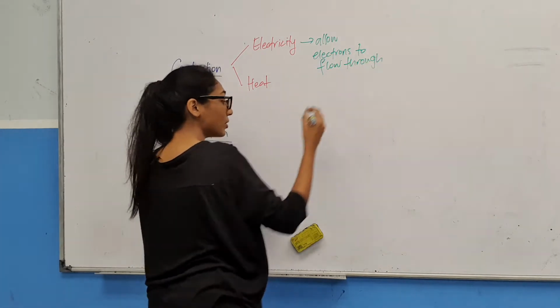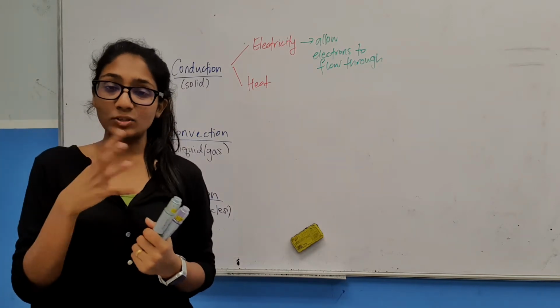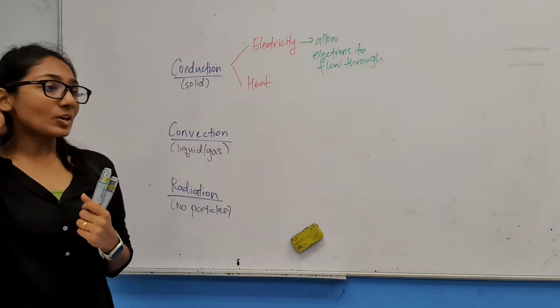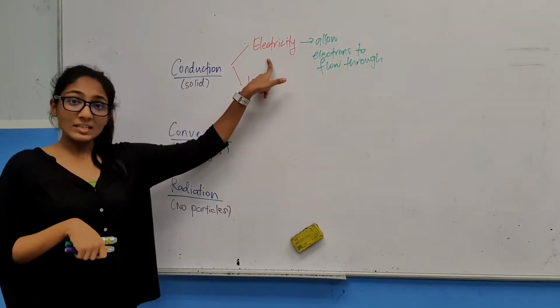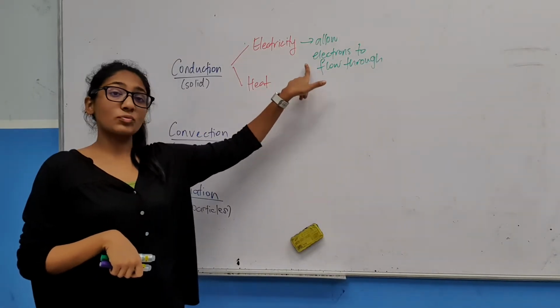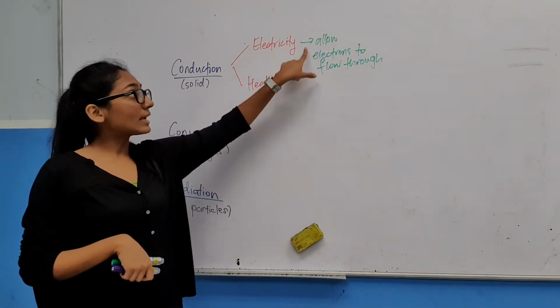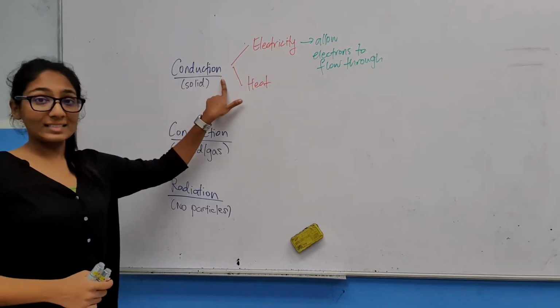For example, wires allow electric current to pass through, so you can get electricity. Why? Because wires are made of copper, and copper is a good conductor of electricity. Any material that allows electrons to flow through it is a good electrical conductor.